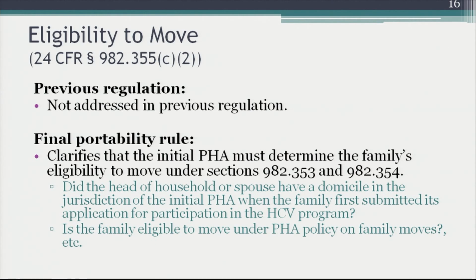But basically, this used to be 982.314, which was redesignated into 982.354. So eligibility to move basically includes questions such as did the head of household or spouse have a domicile in the jurisdiction of the initial PHA when the family first submitted its application for participation in the HCV program? Is the family eligible to move under PHA policy on family moves, et cetera? So that's what we're talking about here.